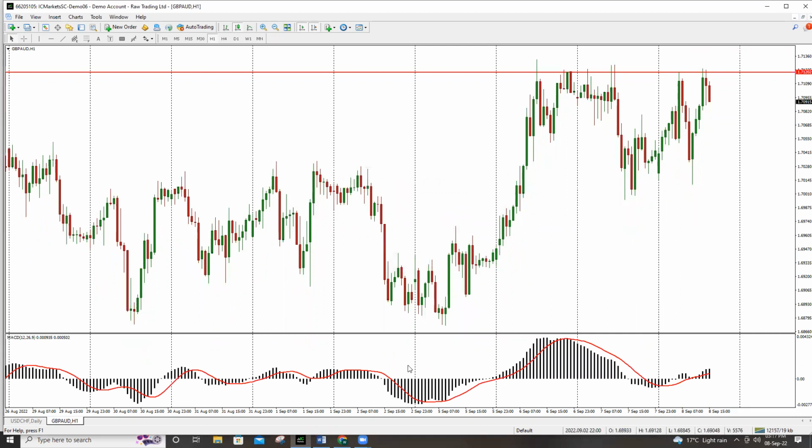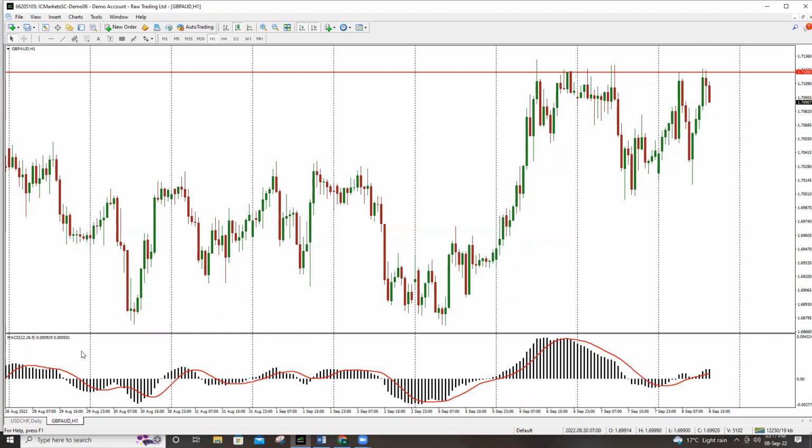Now, one difference between MACD on MT4 and MACD on TradingView or maybe any other app is that the MACD on MT4 does not have a MACD line. So you can either customize it using the accumulation and distribution line, or you can just use how the histogram is flowing.